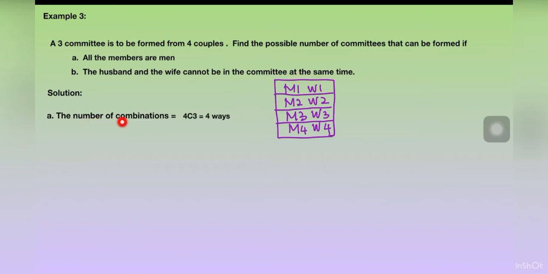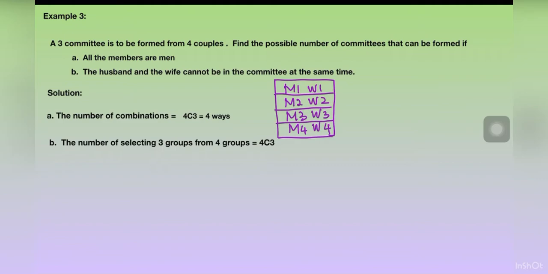So the number of combinations where all the members are men: we have 4 couples, so that means 4 men, and we need 3 persons in a committee. So we want to choose 3 out of the 4 men, which is 4C3 ways.